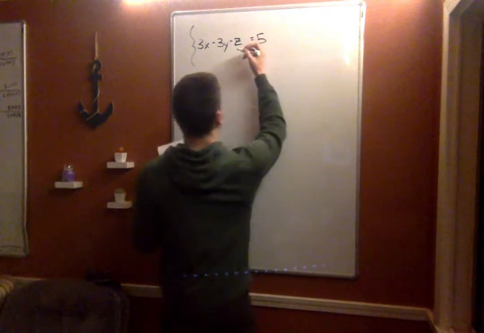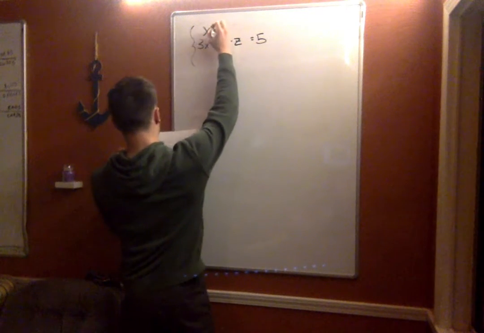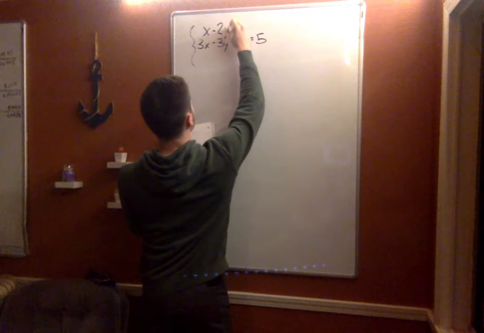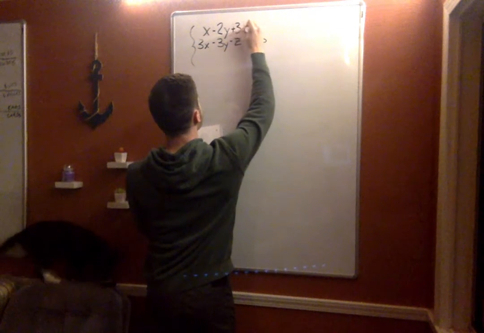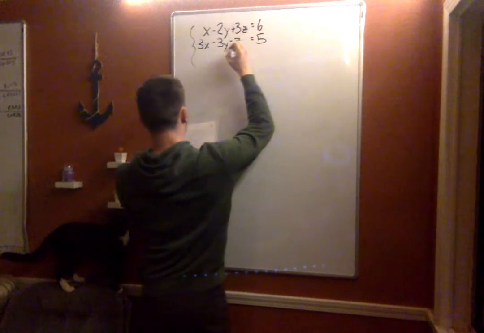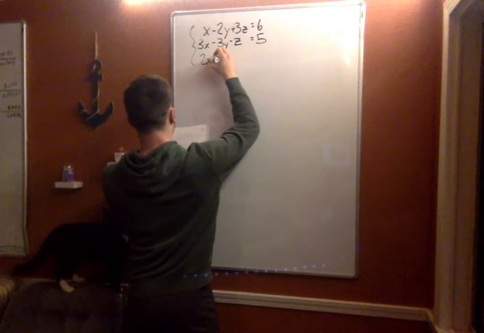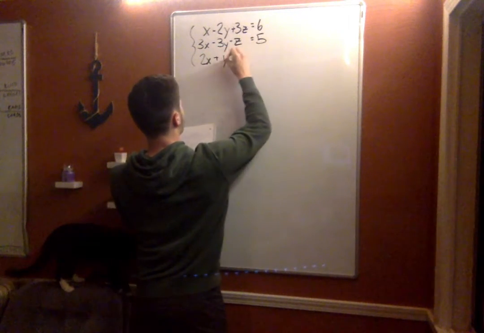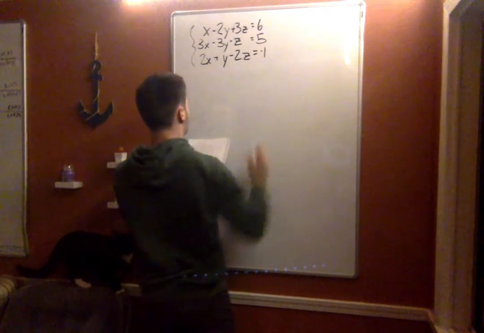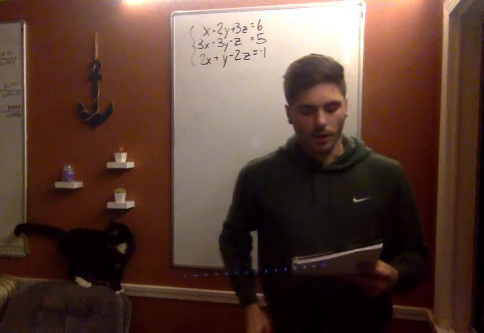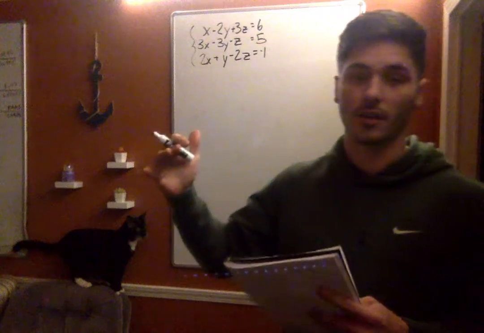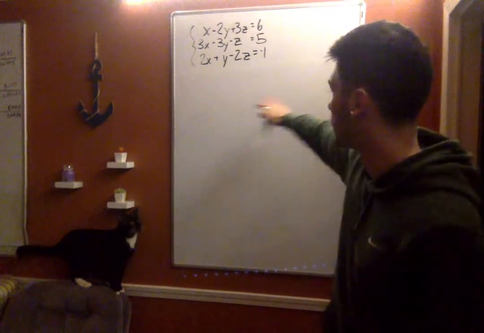So we're going to switch these equations. Okay, so after we switch those two first, I'm going to multiply the top equation by 3 so that we can eliminate one of the variables.